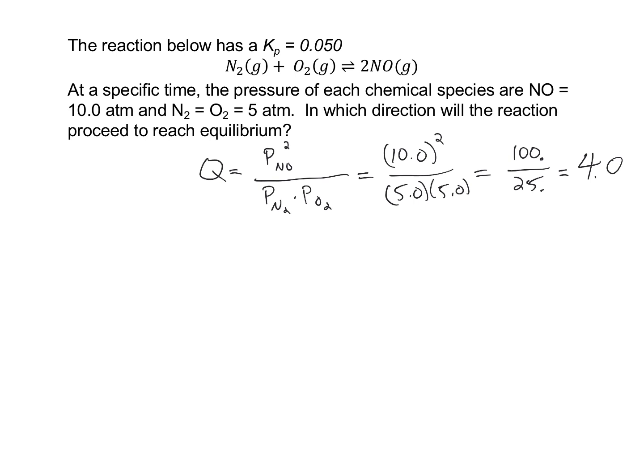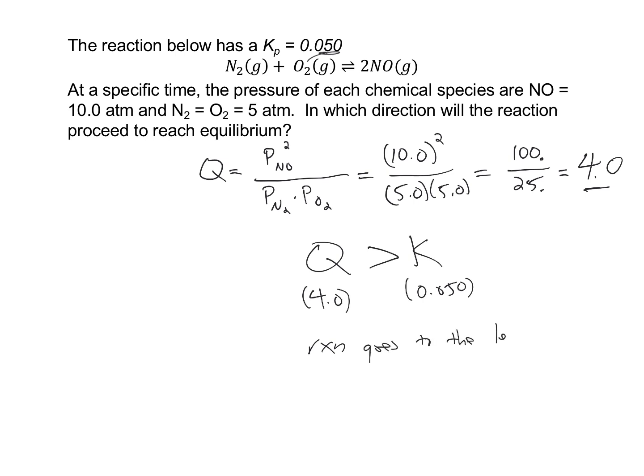In this case, my Q is 4, my Kp is 0.05, so Q is bigger than K. Q is too big. I have too many products, so the reaction needs to go to the left. I'm going to be converting NO into the reactants in order to get to equilibrium.